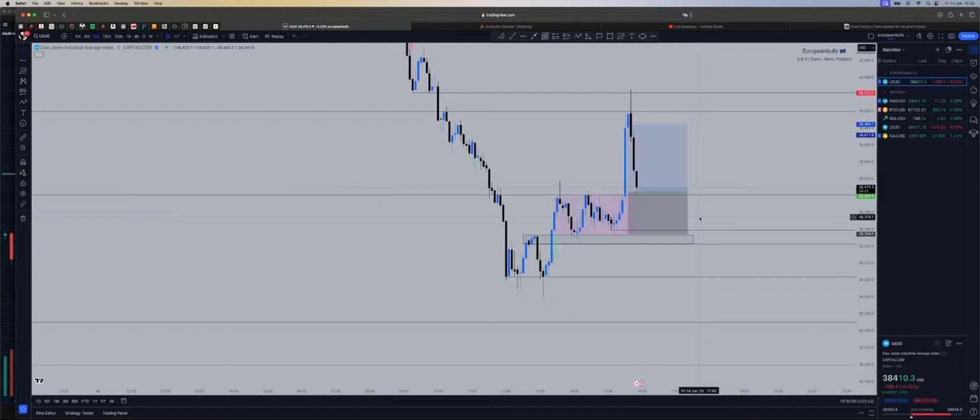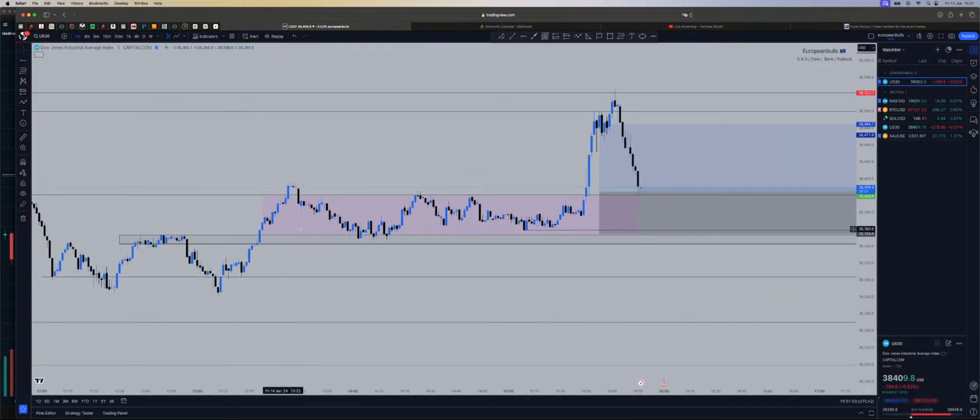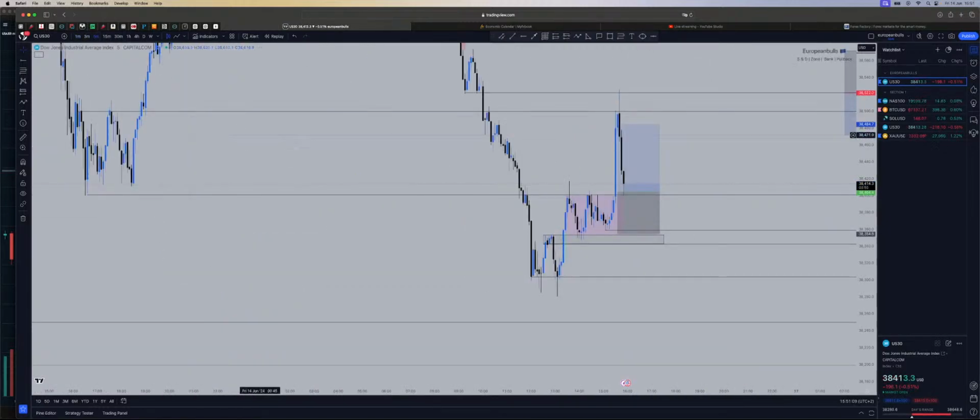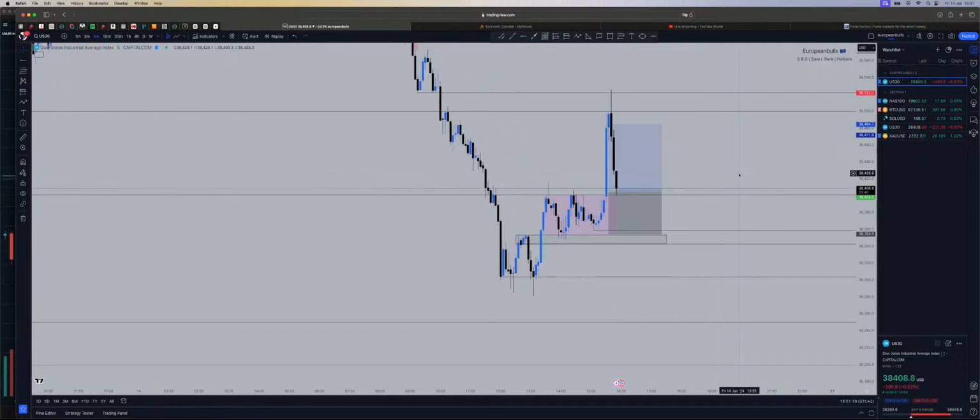Yep, it has taken one of my trade around this area with a wick. I mean, in 1 minute, but still you see this doesn't look very promising, but let's see. It is taking one of my trade.